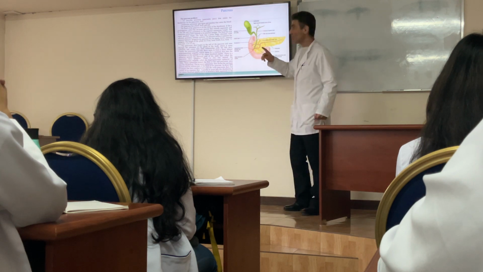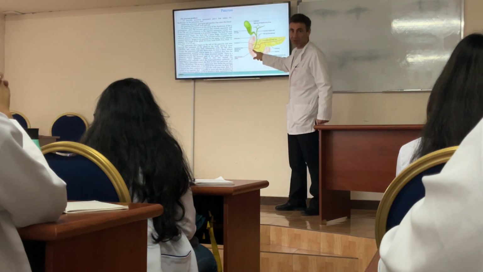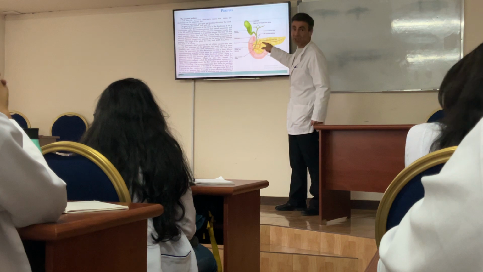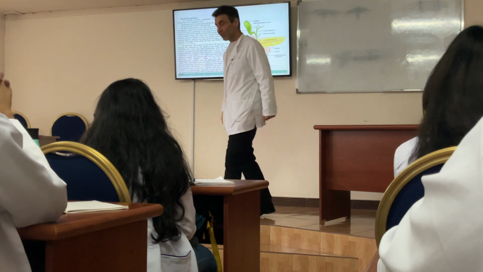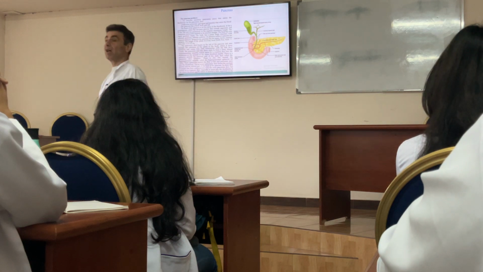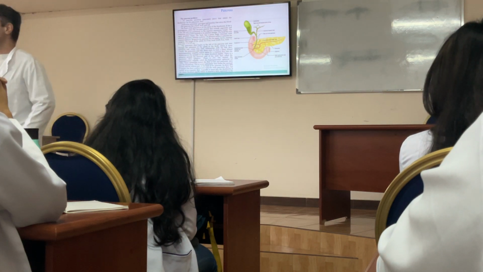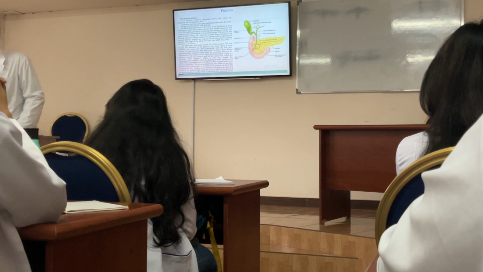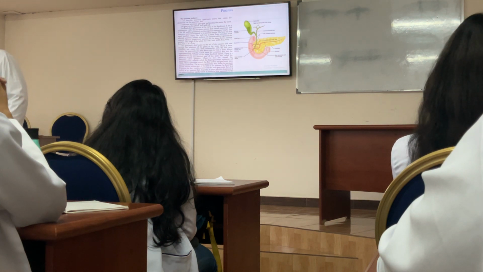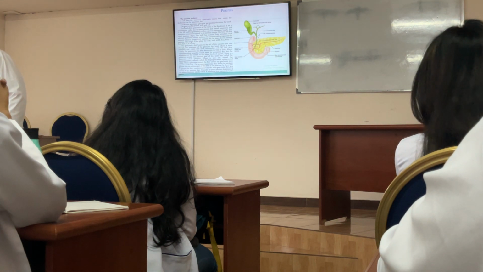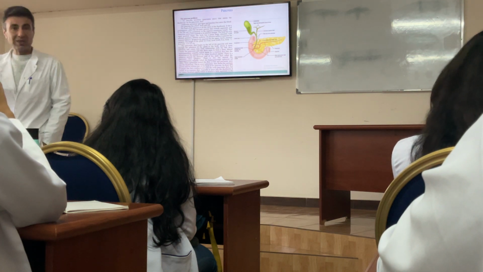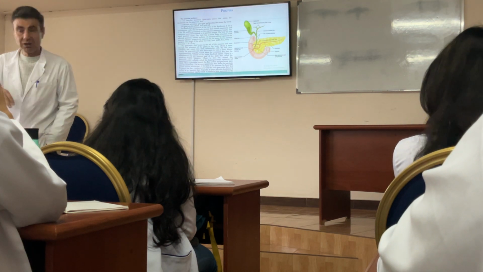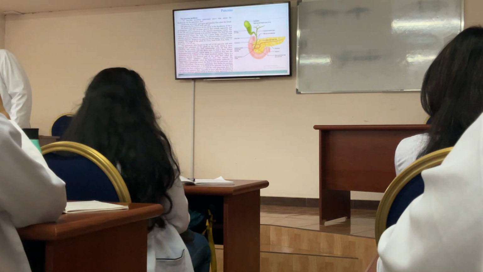Bile, look at me, from the common bile duct can be regurgitated into the pancreatic duct. That is awful. This is the main cause of formation of acute pancreatitis. Why? Because bile activates pancreatic ferments: trypsin, lipase, amylase. They are activated by the bile.